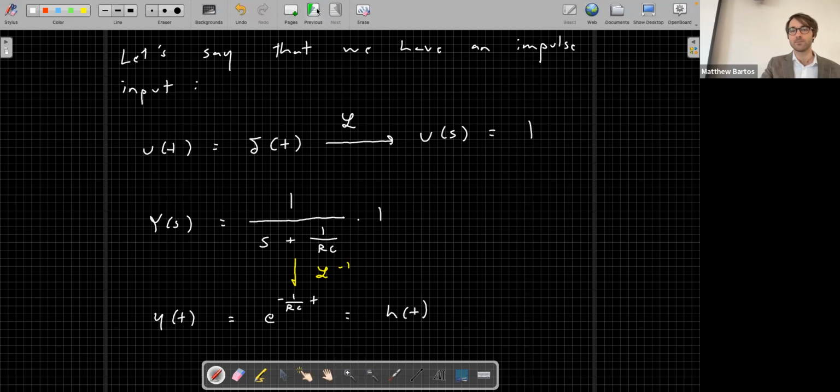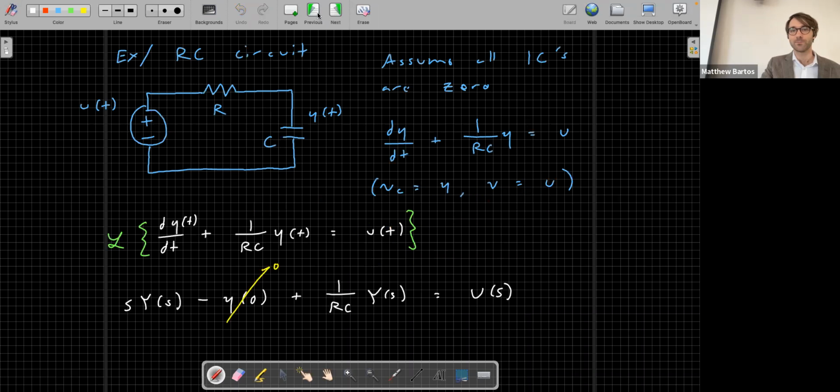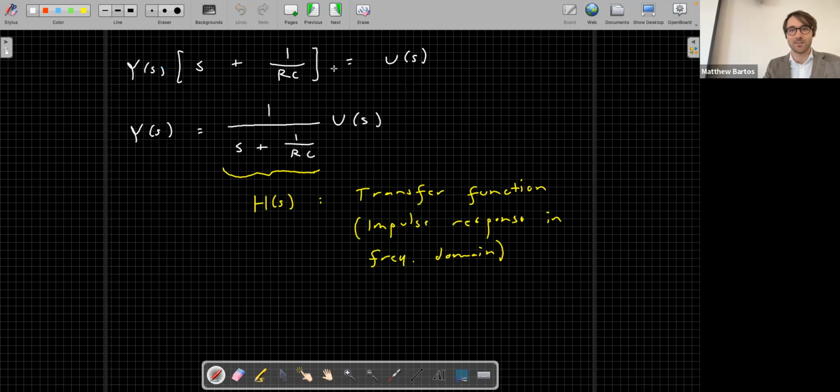And you know what? I realized I did this wrong. There should be a 1 over RC in front of this U. So let me go ahead and redo that here. This becomes 1 over RC U(s). Note that when I monicized this equation, both the left and right side needed to be divided by RC. So let me just go back and rewrite that here.